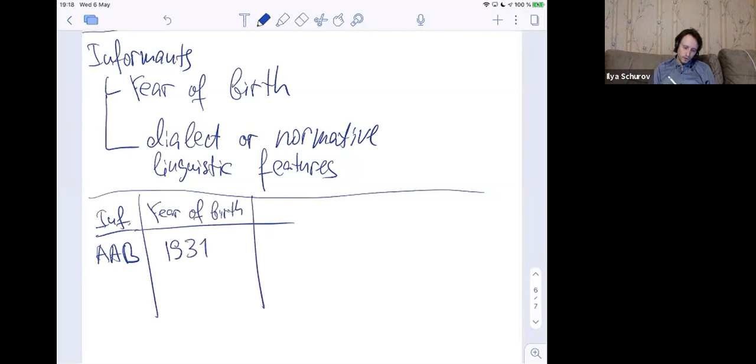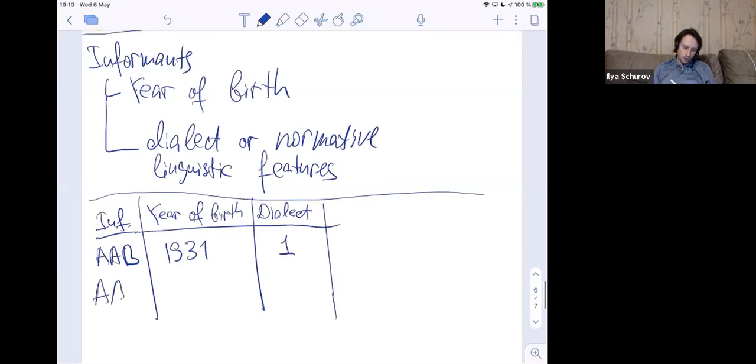And this feature can be either dialect or normative. So we have the variable dialect that can be either 0 or 1. So for example, we have the following table. The same informant, the same year of birth.